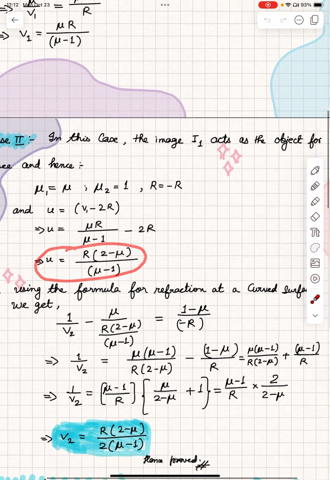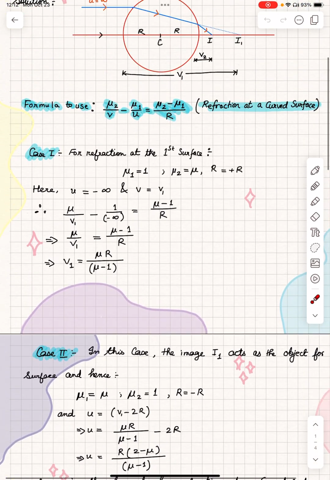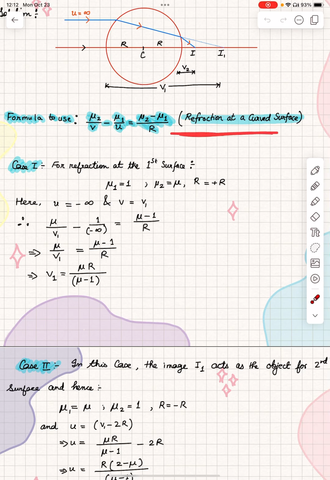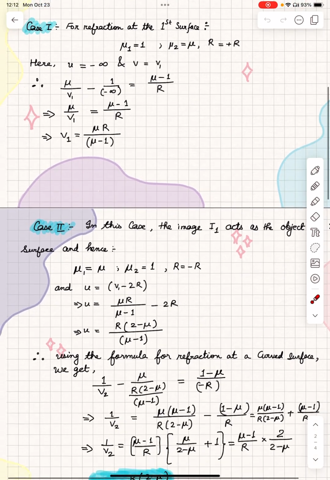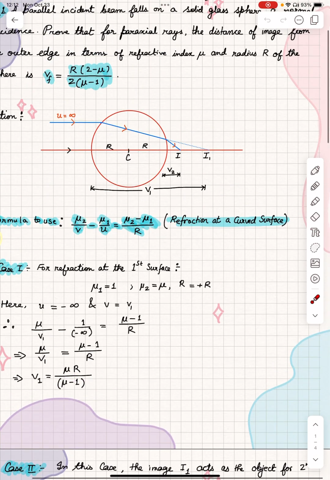Now again use the refraction at a curved surface formula, mu2 by v minus mu1 by u is equal to mu2 minus mu1 by r. So the image is formed in air, and the distance of the image from the pole is v2.